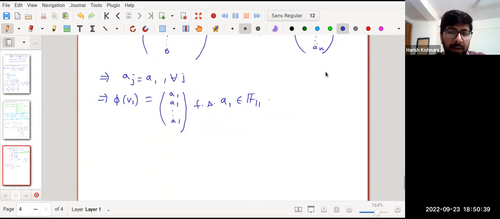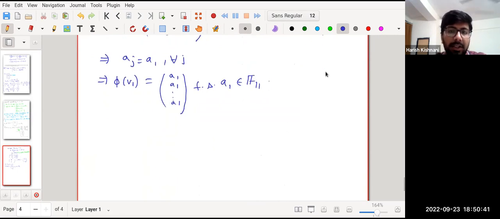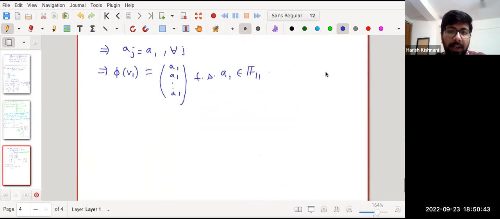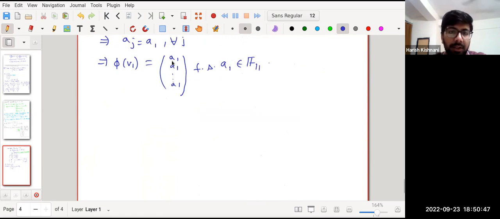You can try with smaller numbers also. Like instead of trying for F_11, you can go for F_2 and just see if, for 0 and 1, the two choices give you two morphisms or not.